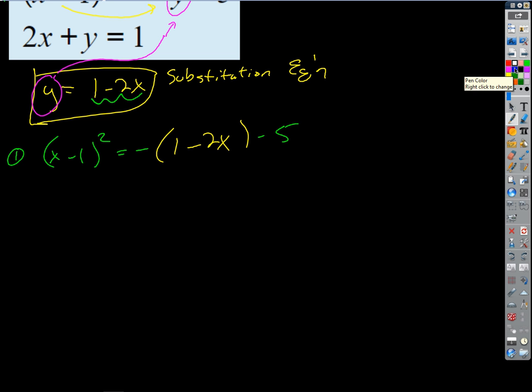You're going to get negative 1 plus 2x minus 5. Okay, so I could distribute the negative. On this side, I'm going to get negative 1 plus 2x minus 5, right? What about on this other side? Well, I'm going to have to square it out, aren't I? Right, so I'm going to have to use my pattern. What's my pattern here?